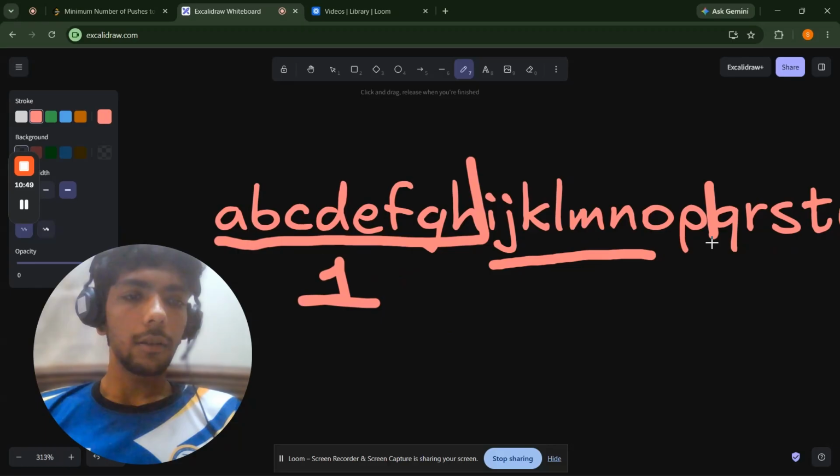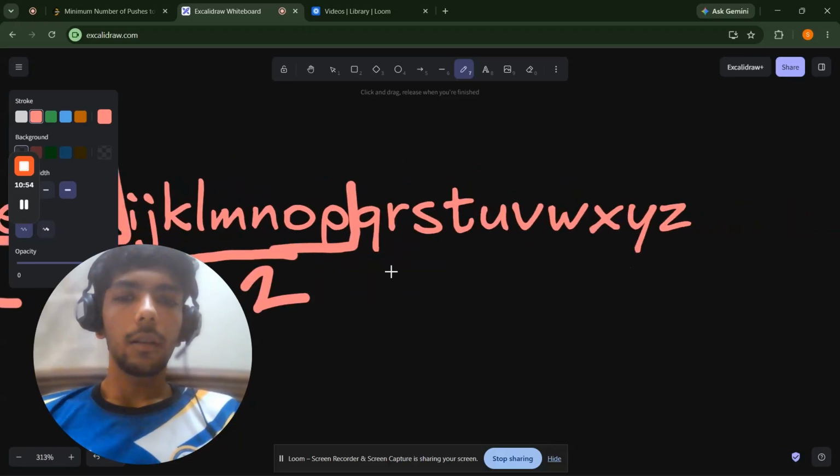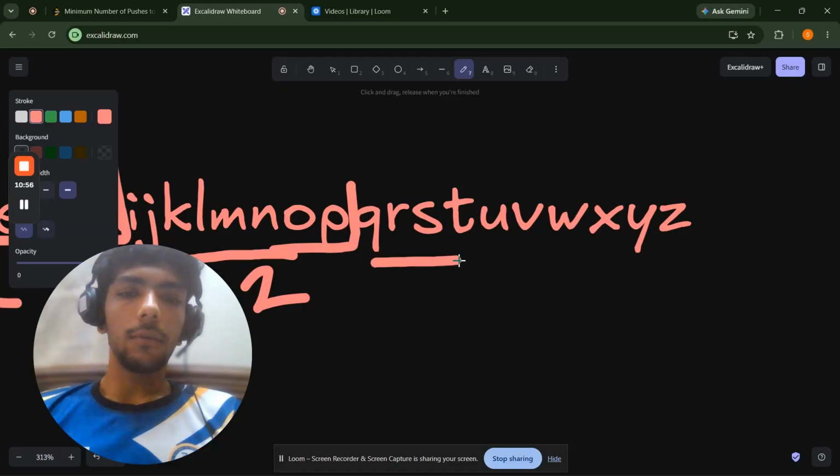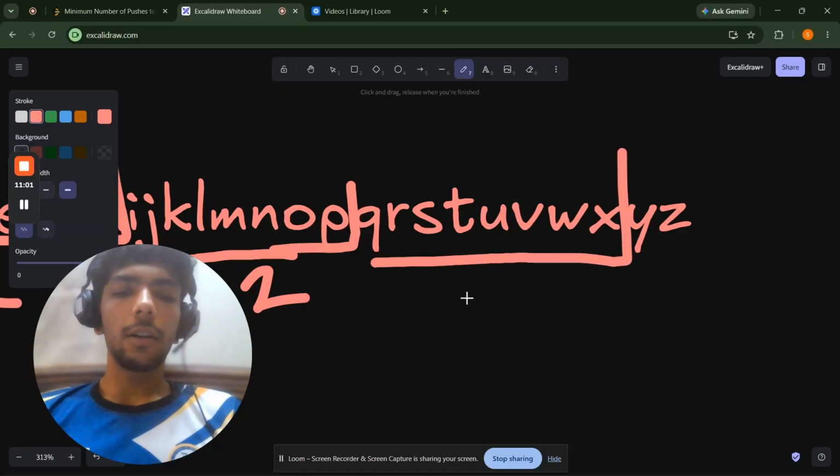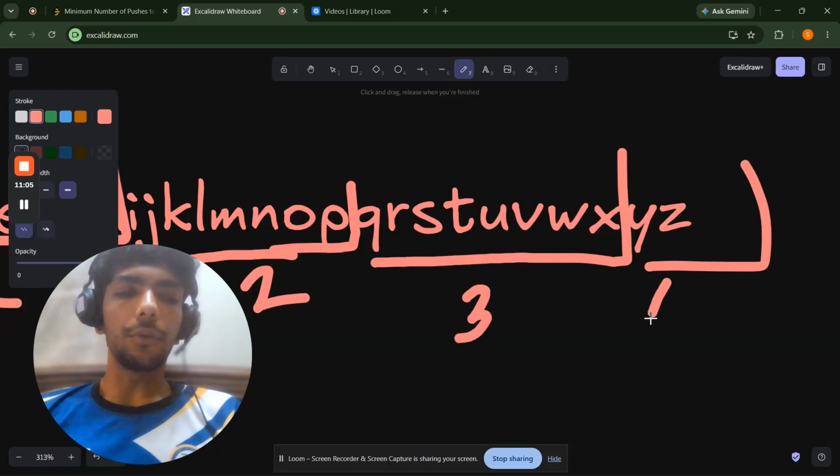The next eight will require two pushes. The next 1, 2, 3, 4, 5, 6, 7, 8 will require three pushes, and this will require four pushes.